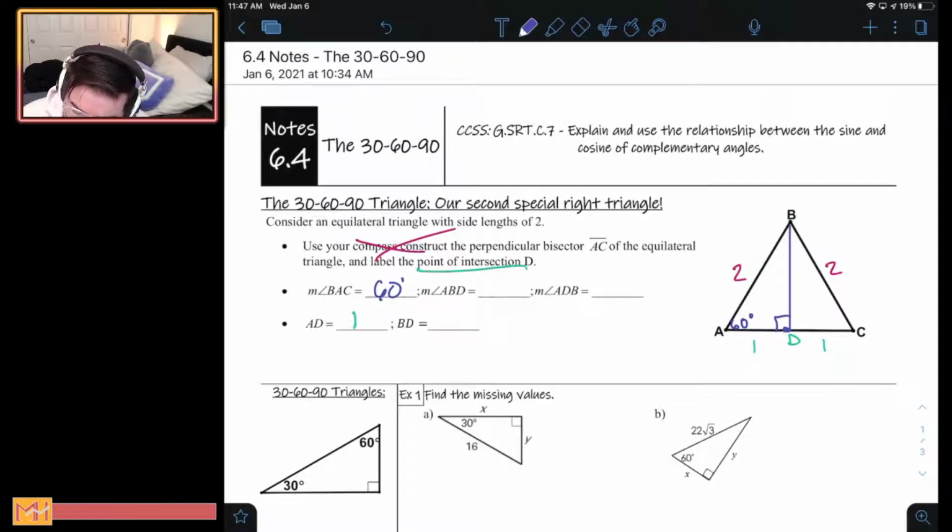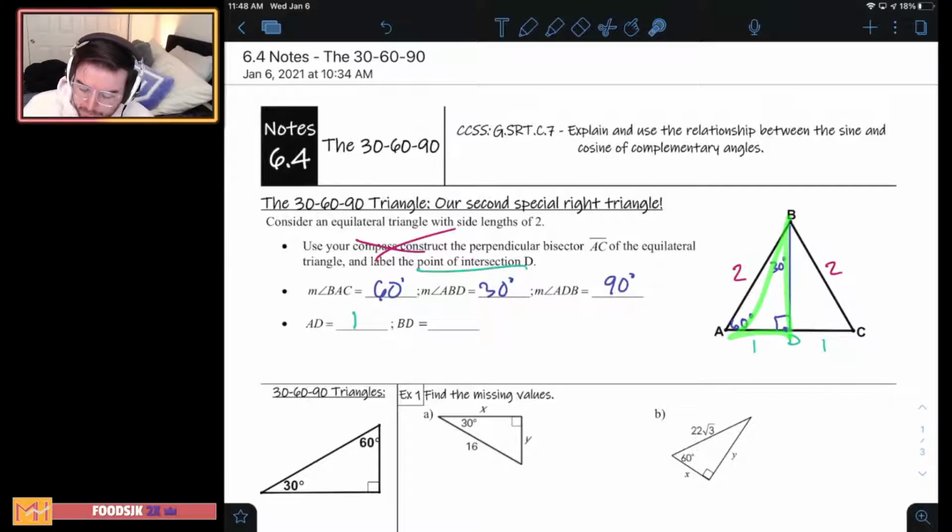And A to B to D, well, if this is a bisector, that means we just split the 60 in half, and now it's 30. And then, of course, ADB is a right angle because it's perpendicular, so that's 90. There's our 30, 60, 90 triangle.